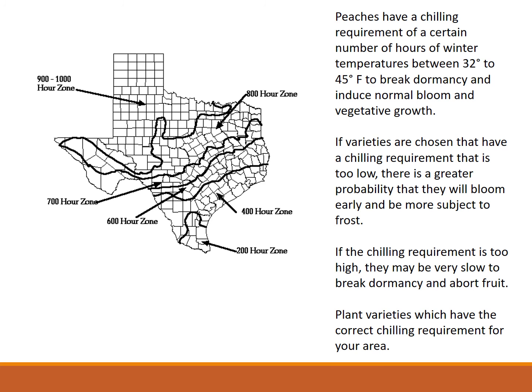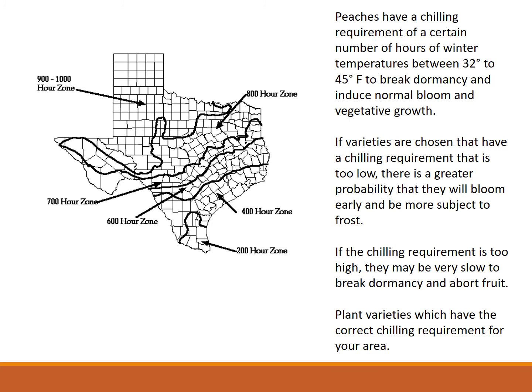If we chose a peach tree that has a requirement lower than that, let's say 600 hours, and you may ask, how do you even know what the chilling requirement of different fruit trees is? Well, it's going to be marked on the label when you go to the garden center to buy that fruit tree. It'll tell you how many chilling hours are needed to produce flowers and eventually fruit.